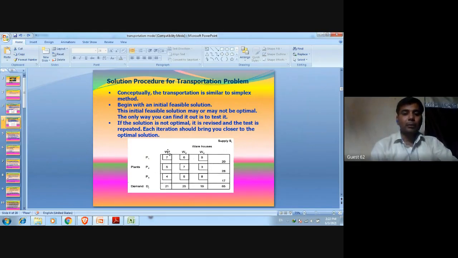Here, W1 is the warehouse which requires 20 units of the product, the second column, warehouse 2, requires 25 units of the product, and W3 is the warehouse where the requirement of product is 19 units. So each row corresponds to a plant and each column corresponds to a specific warehouse.